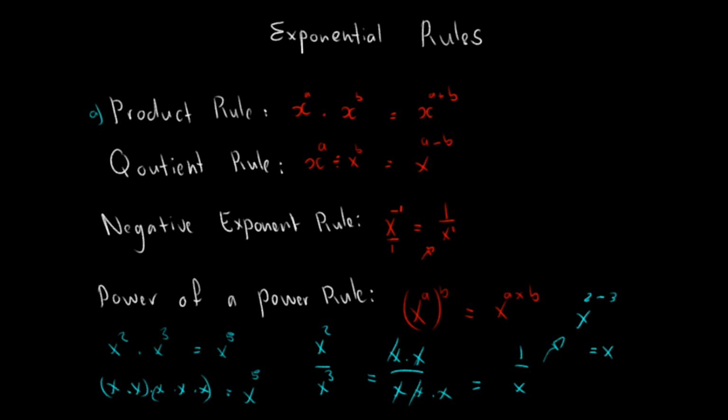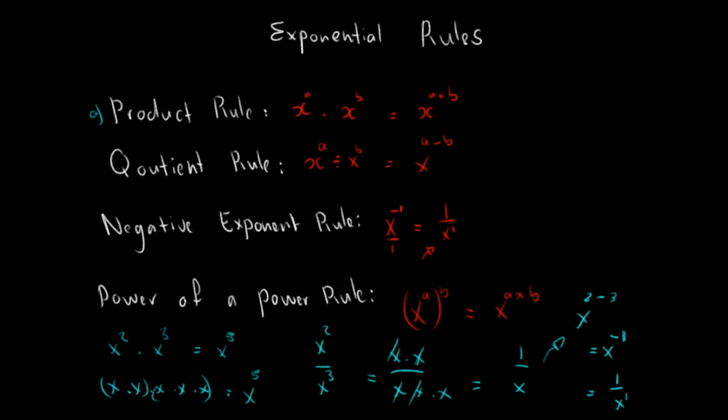That gives me x raised to the negative 1. And if I follow my negative exponent rule, I know that I should change my numerator to a denominator to make it positive. So I just covered these two rules together.